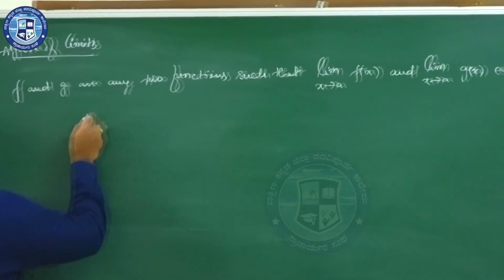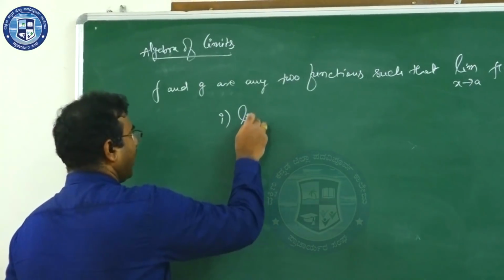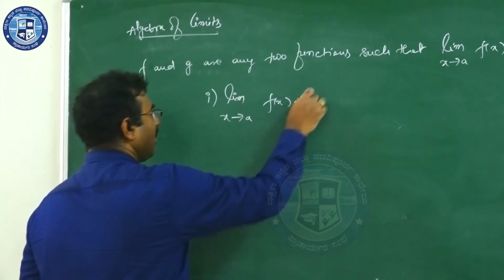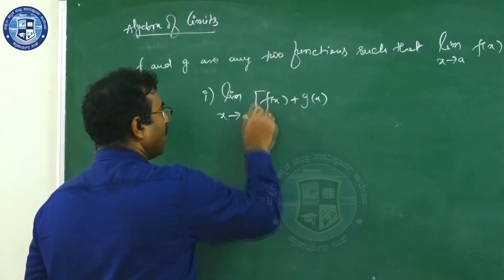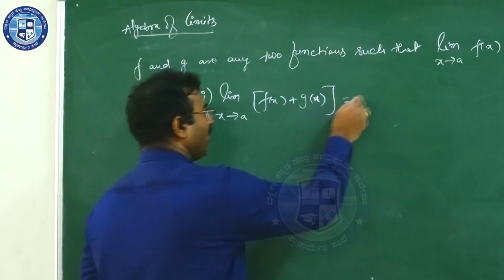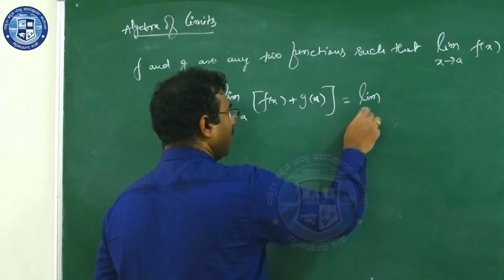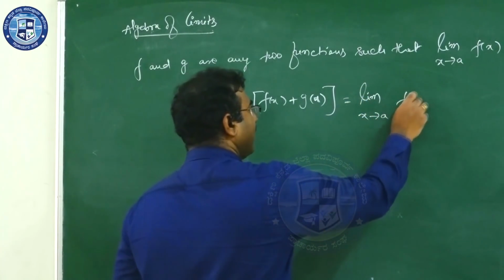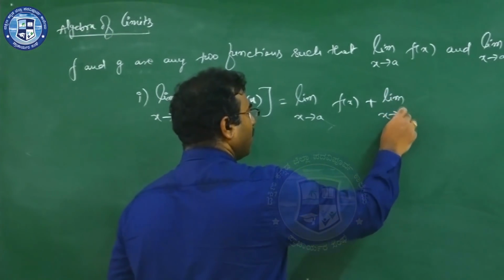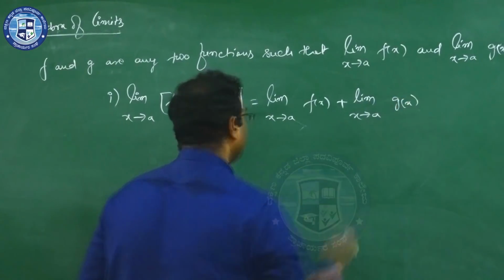First point: limit x tends to a of f(x) plus g(x) is equal to limit x tends to a of f(x) plus limit x tends to a of g(x).